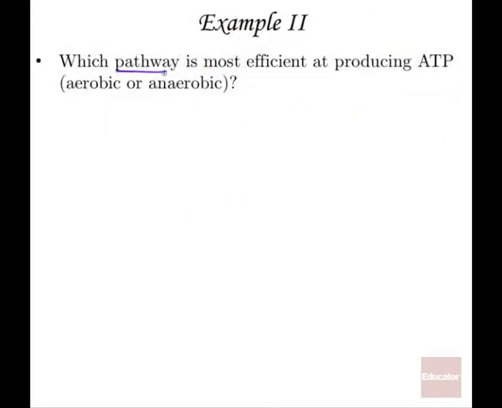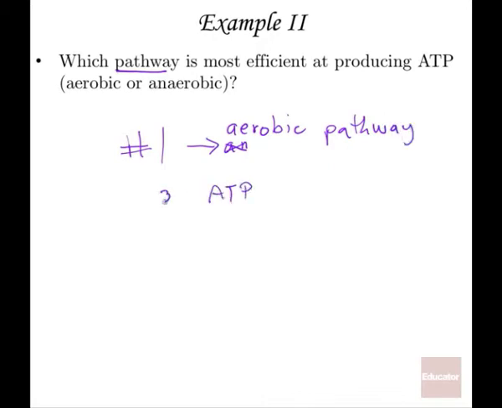So which pathway is the most efficient pathway to produce ATP? Number one, by a long shot, is the aerobic pathway. The aerobic pathway by far produces a lot more ATP. In fact, it's usually about 30 to 32 molecules, compared to maybe 2 to 4 with anaerobic.